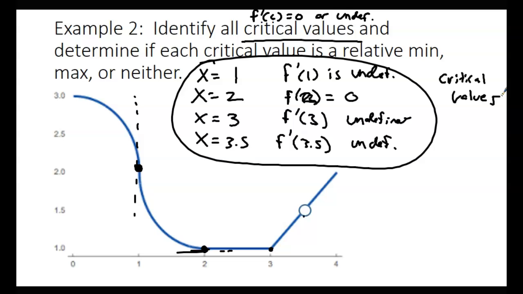That's not a highest or lowest point. This one, since it's flat, that's not a relative min. Same thing with 3. And open dots can't be relative extrema either, so we're going to say no relative extrema. So now usually when you have a critical value, it is a relative extrema, but I'm using this to show you different situations where it wouldn't be.